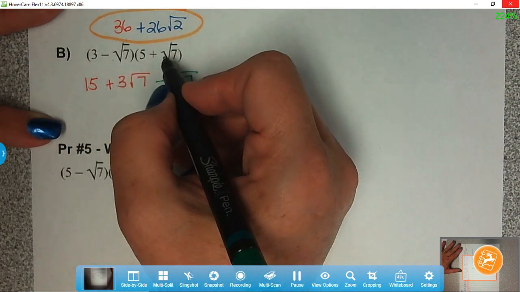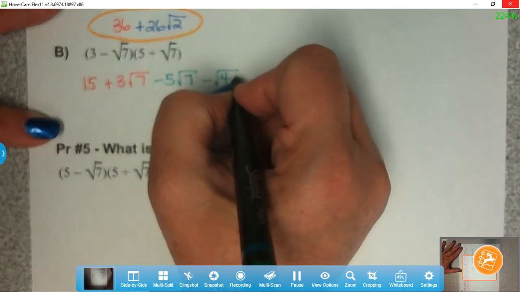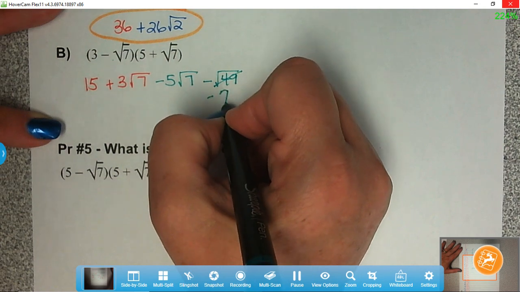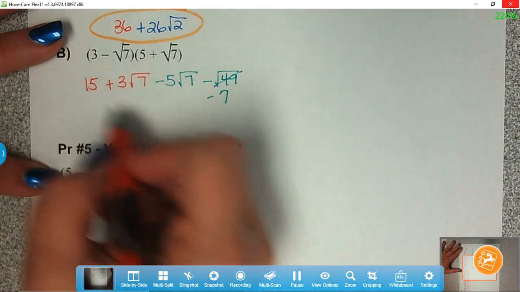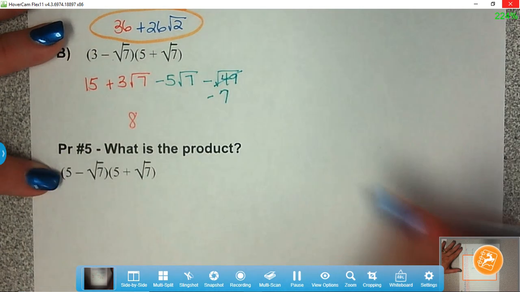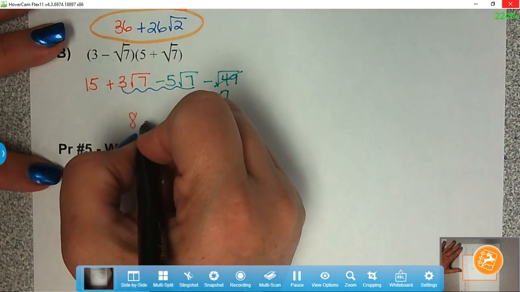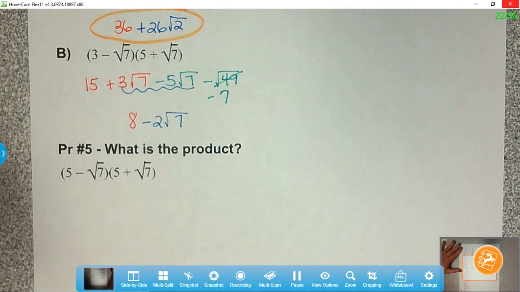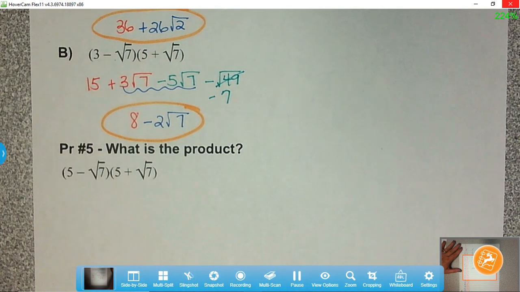Negative root 7 times negative root 7 gives me a negative square root of 49, which is just minus 7. Combine your like terms. 15 minus 7 is 8. For this part, I get minus 2 square root of 7. And that is your final answer.